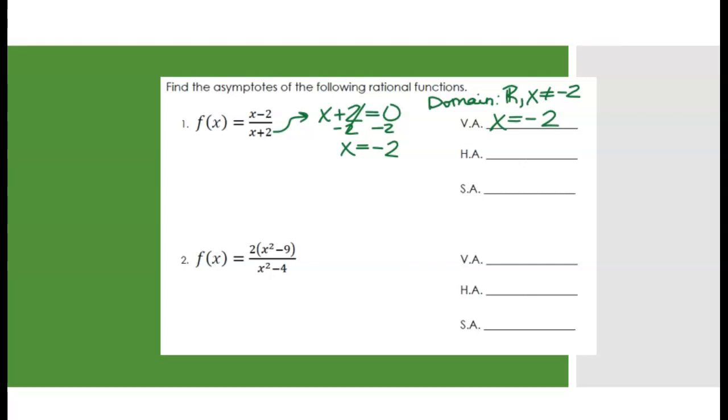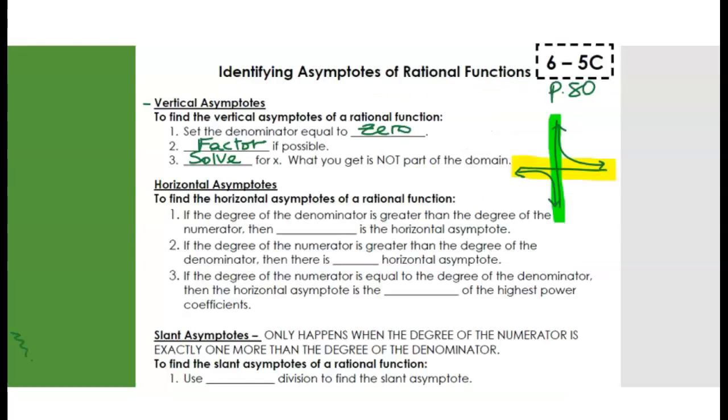Okay. All right. So going back, we're going to talk about horizontal asymptotes. There are certain cases where something happens and certain cases where something else happens for horizontal asymptotes. So to find the horizontal asymptote of a rational function, if the degree, wait a second, what is a degree?